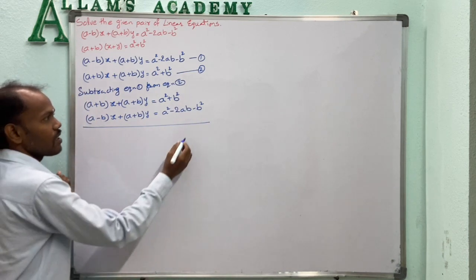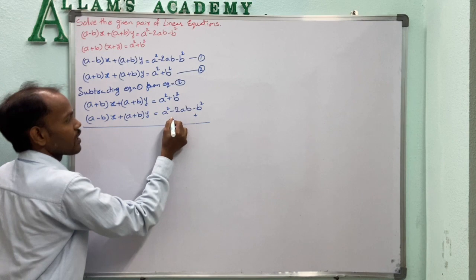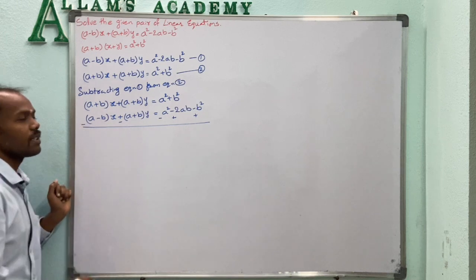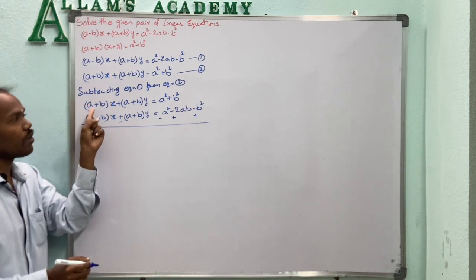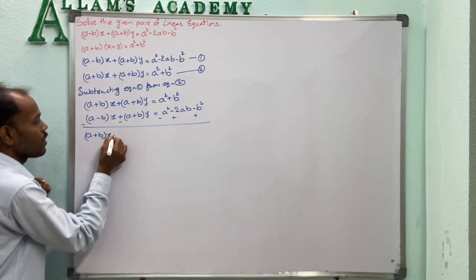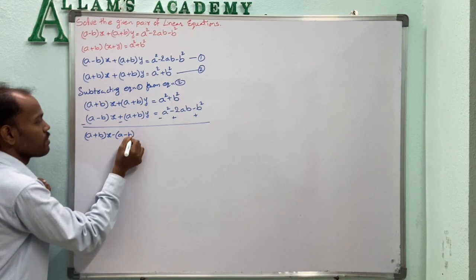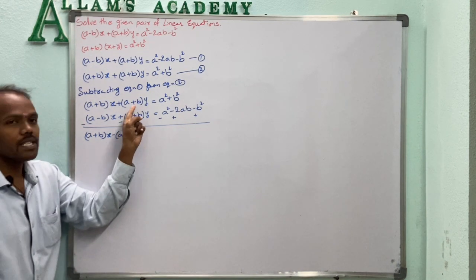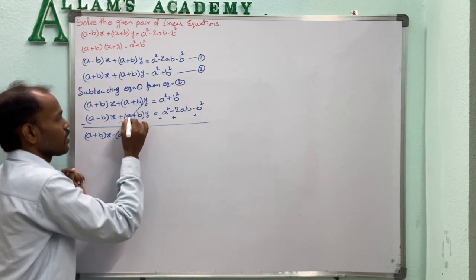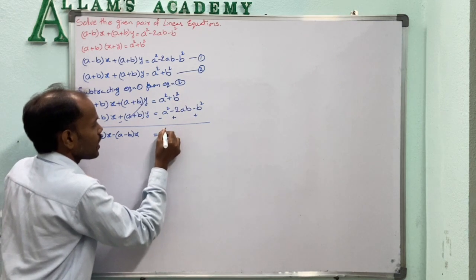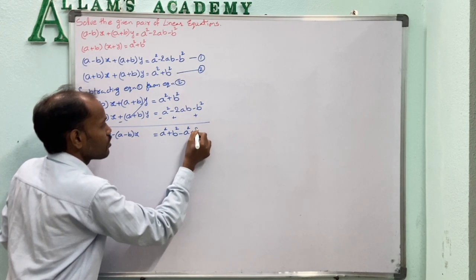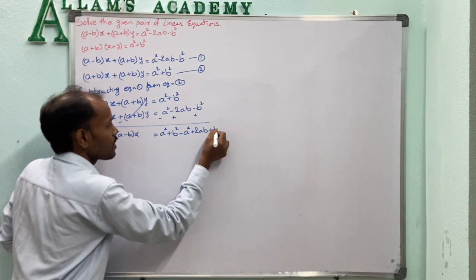Now subtracting, minus will be plus, plus will be minus, changing the symbols. Now (a + b)x − (a − b)x and (a + b)y − (a + b)y, same, so gets cancelled, equal to a² + b² − a² + 2ab + b².